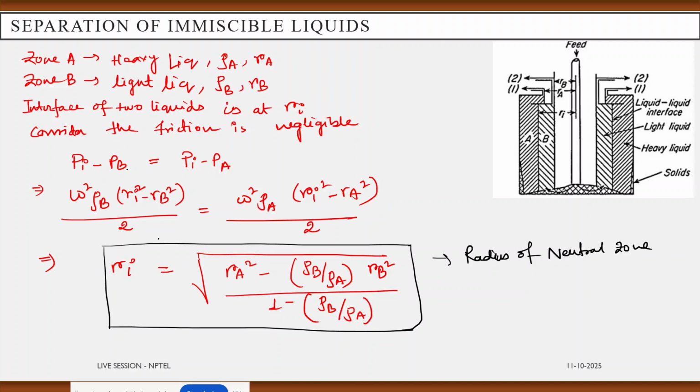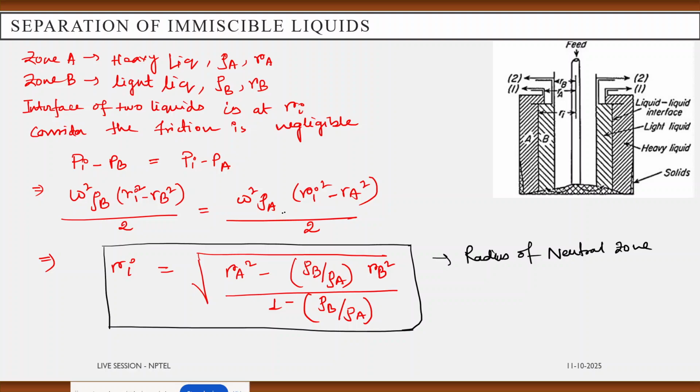You need to understand that if the pressure difference between A zone and B zone is less than 3%, then only you will get a very stable operation.